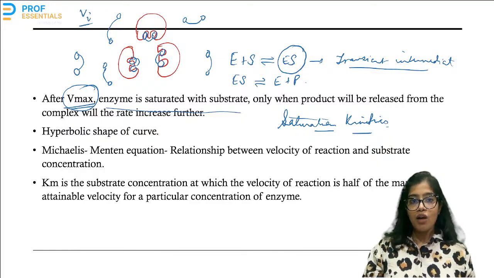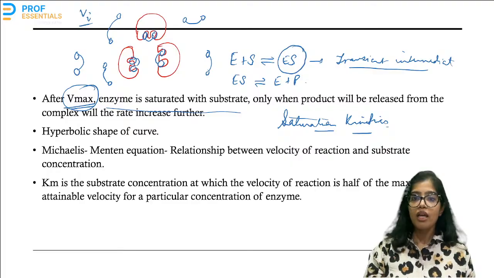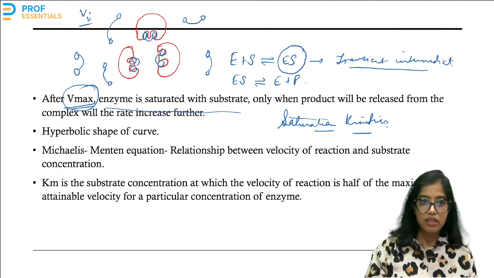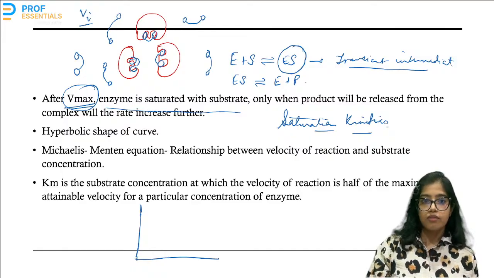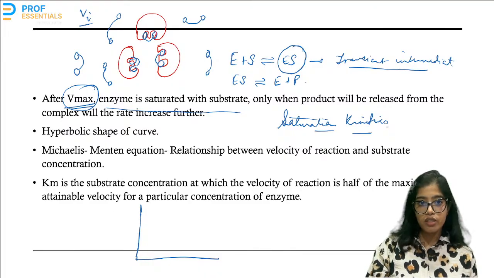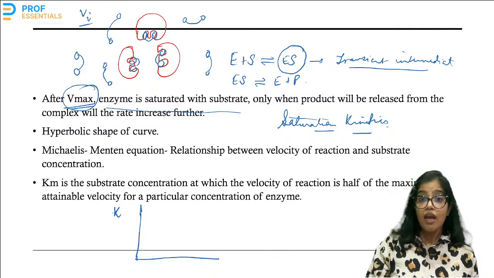Okay. Now the shape of this curve is going to be hyperbolic. How do we describe it? See, this is the concentration. You denote it by K, the concentration of the substrates, and this is the velocity, V. So this is the rate of the reaction compared to the concentration of the substrates, the reactants.